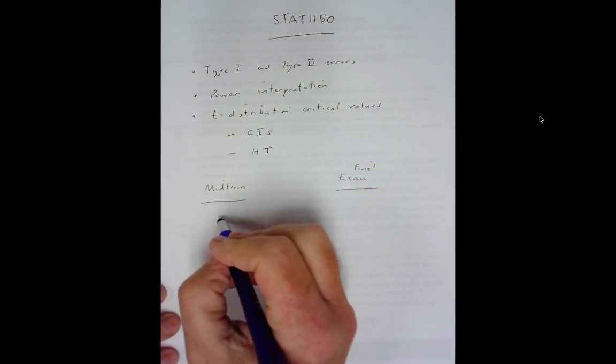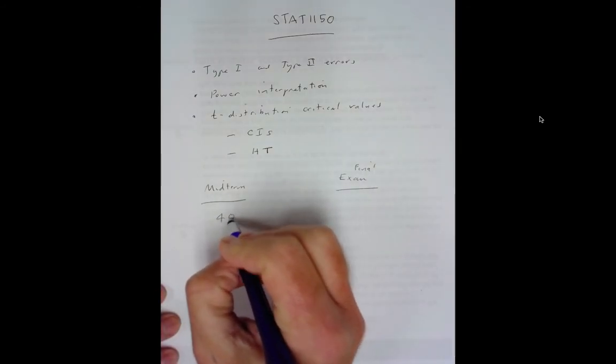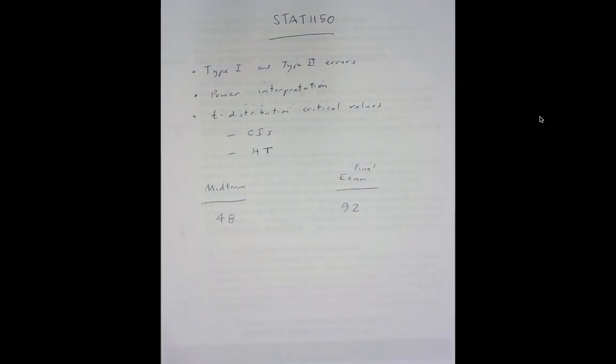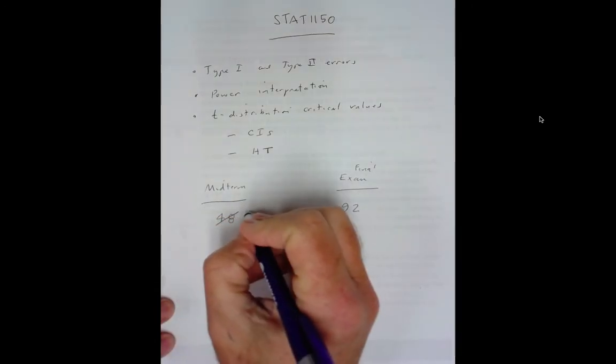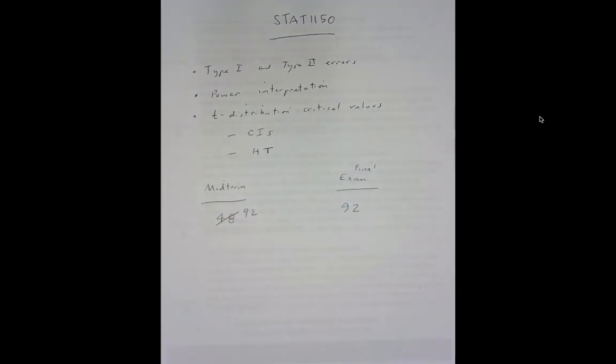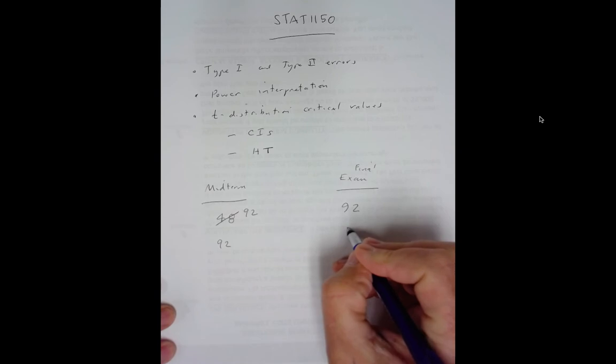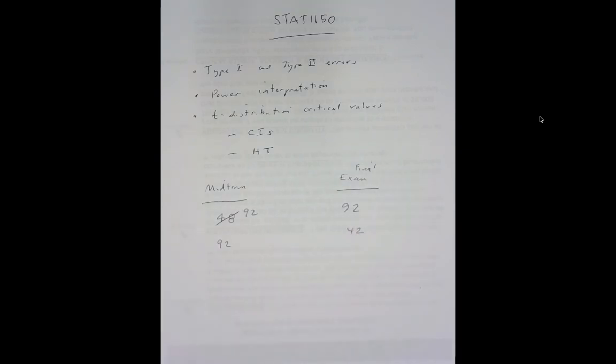Let's say you had a bad day on the midterm and got a 48, but on the final exam you get a 92. There are some conditions outlined in the syllabus, and you can go back and look at those. But if you meet those conditions, then you get a 92 and a 92. Now, it does not work in reverse. If you got a 92 on the midterm and a 42 on the final, then you're stuck with the 92 and the 42.